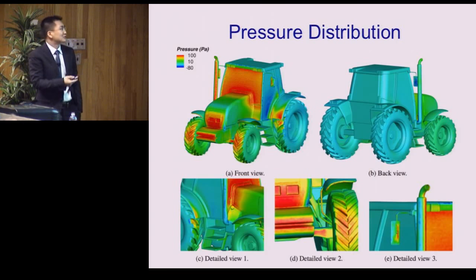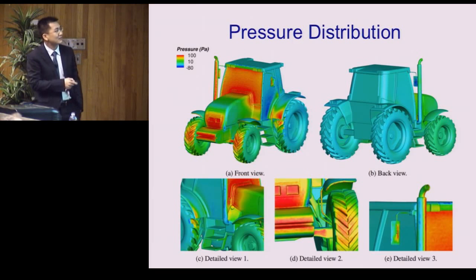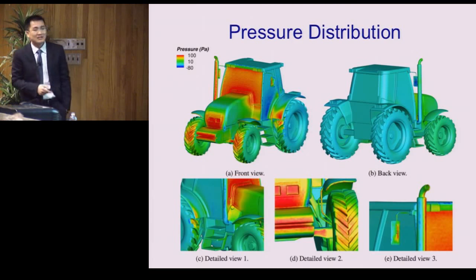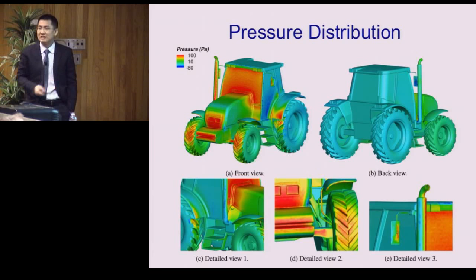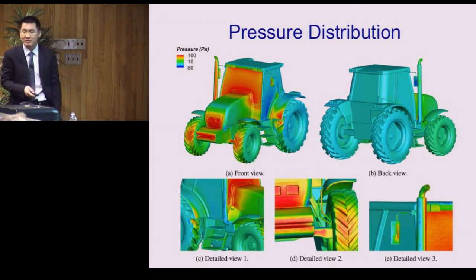Overall, the tractor looks okay, but you can zoom into the detail, like you have stairs, this pipe, very small features, and also the mirror. You can imagine, if you want to mesh everything using a boundary fitted approach, you have to do a lot of labor intensive work. In the non-boundary fitted approach, basically we just ignore them.